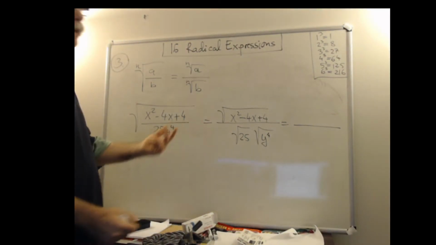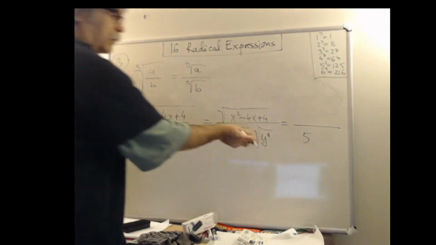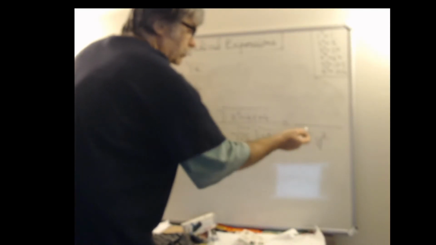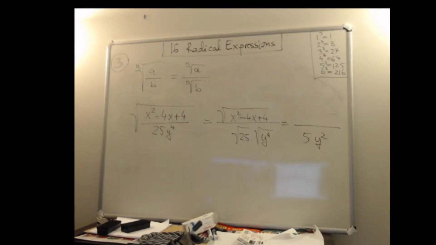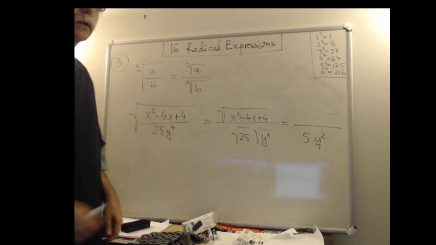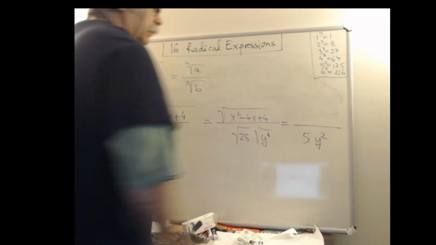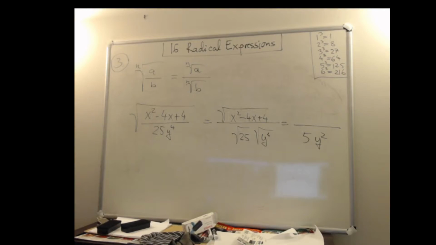Square root of 25 is 5. And this is the same story we had moments ago, 4 divided by 2. Again, there is 2 here, 4 divided by 2 is 2. So you get y squared squared, you're going to get a 4th power y, right? And again, no need for any absolute value here.